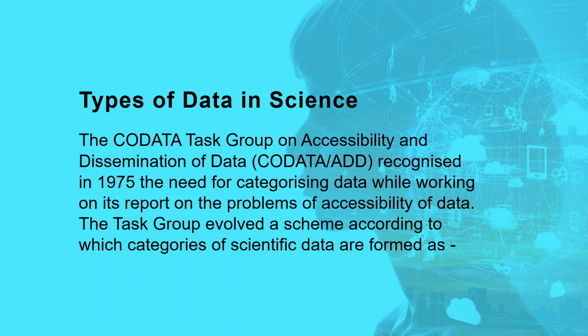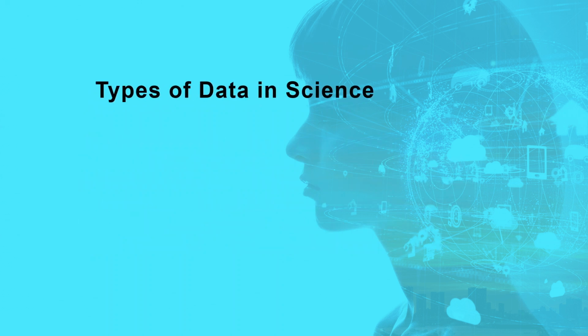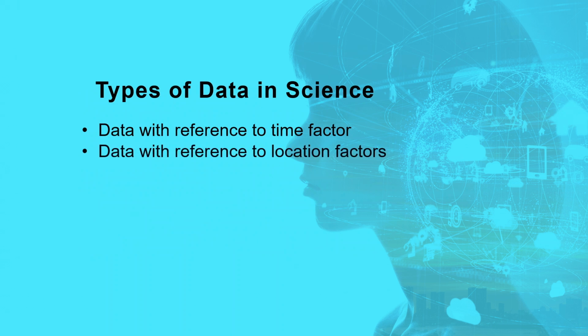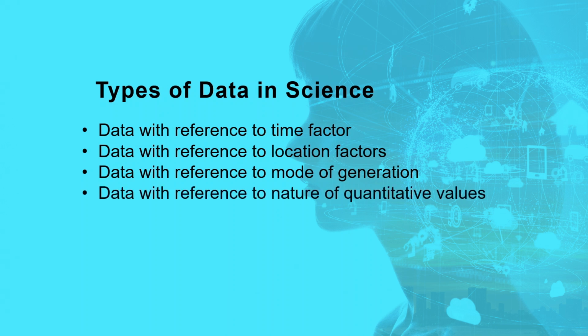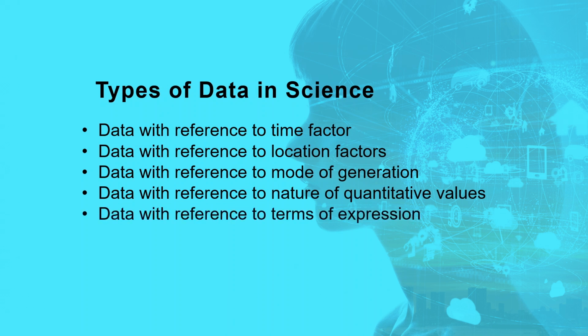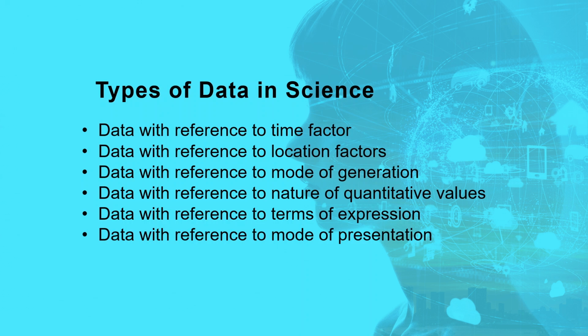The task group evolved a scheme according to which the different categories of scientific data are formed, such as data with reference to time factor, data with reference to location factor, data with reference to mode of generation, data with reference to the nature of quantitative values, and data with reference to terms of expression and to mode of presentation. Now we discuss in detail.